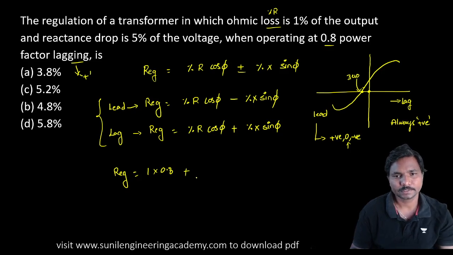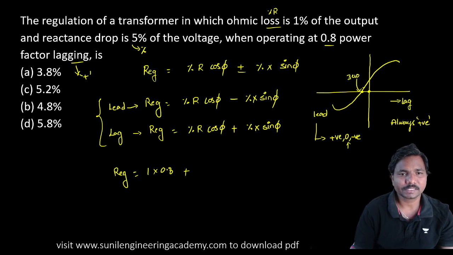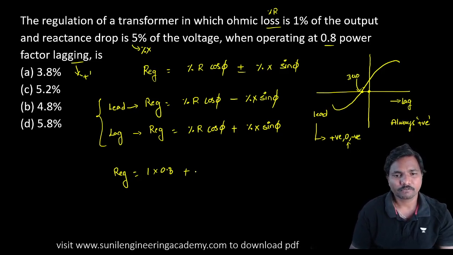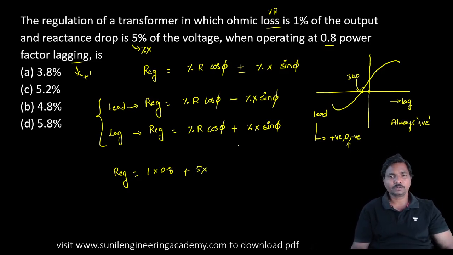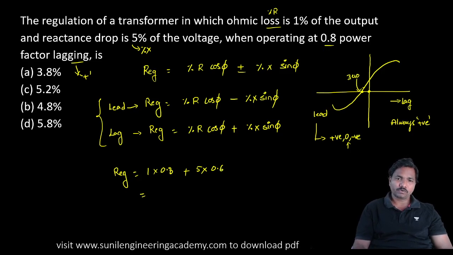So plus percentage X, reactance drop is considered as percentage X, that is 5% into sin phi. If cos phi is 0.8, sin phi is 0.6. Both are vice versa: if sin phi is 0.8, cos phi is 0.6. So 0.8 plus 3, that is 3.8. So the answer is option A. All of you clear?